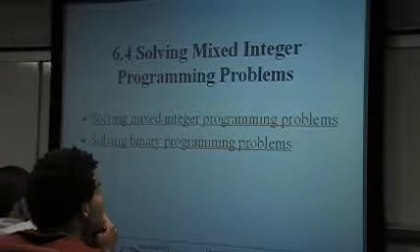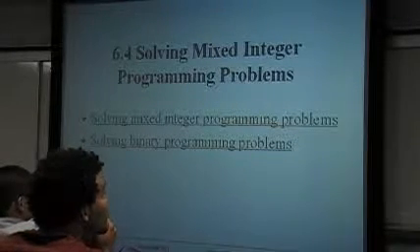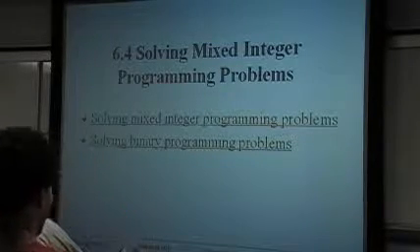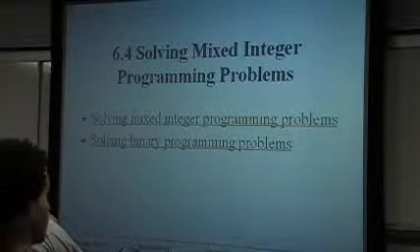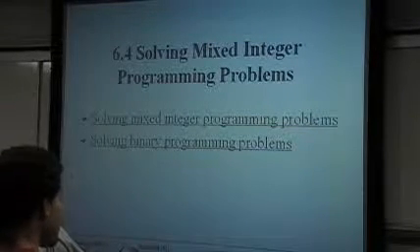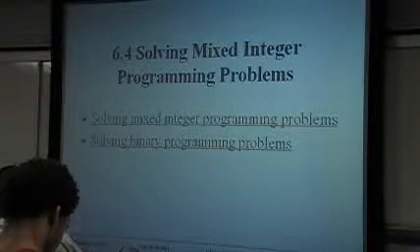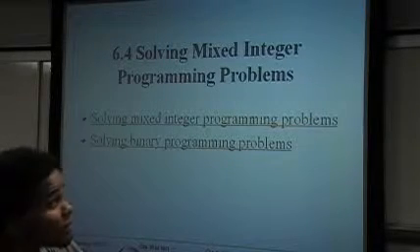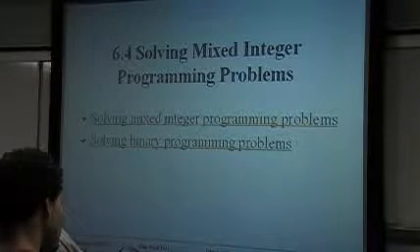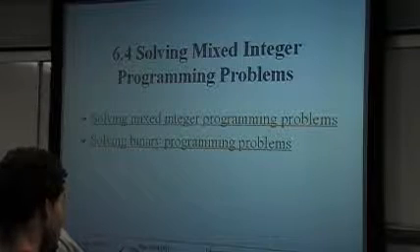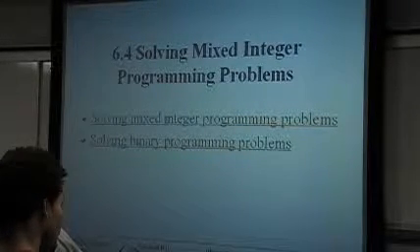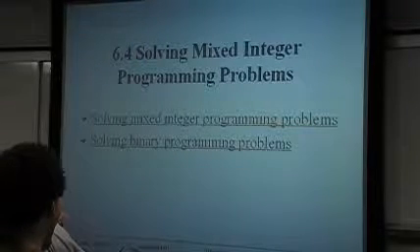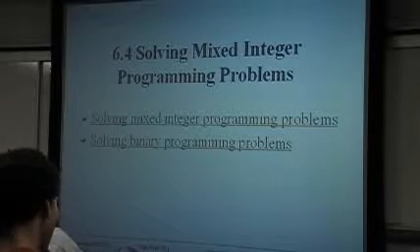And also, the variable x may contain several components, where some of the components are required to be integer, and the others are not required to be integer. This kind of problem is often referred to as mixed integer programming problems. An integer programming problem is a special case of it.